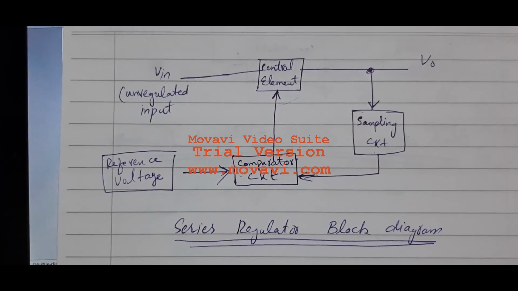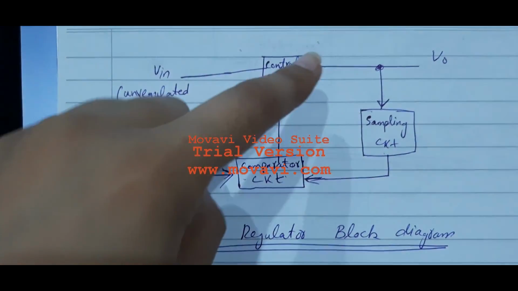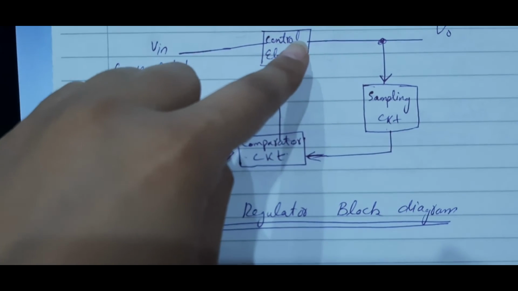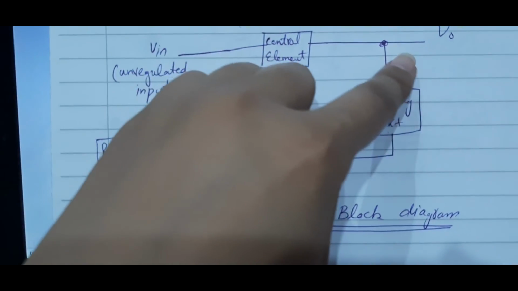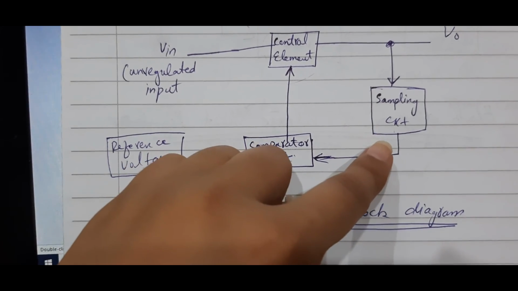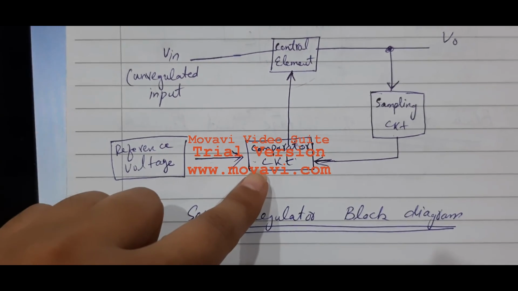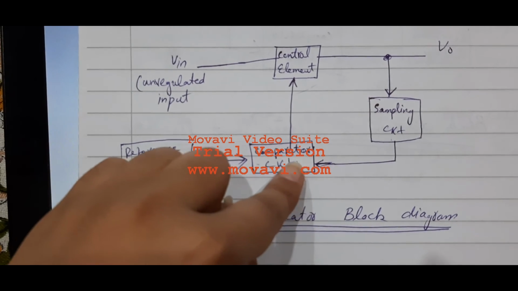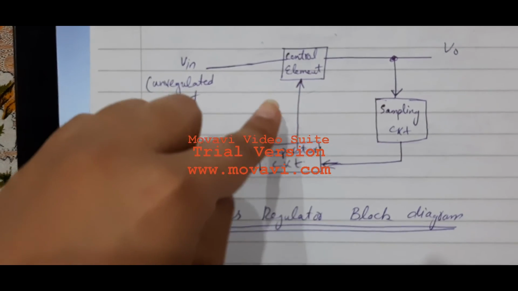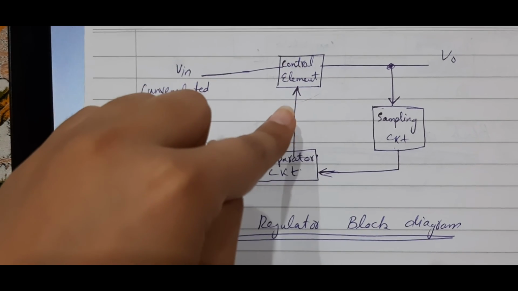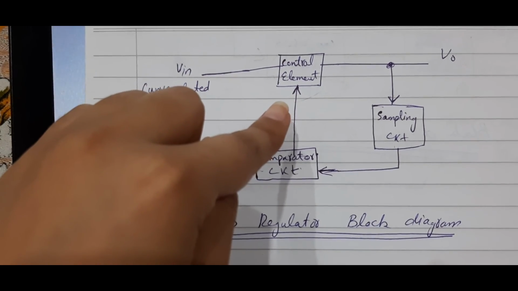The series element will control the amount of the input voltage that gets to the output, and this sampling circuit will provide a continuous feedback to this comparator circuit, and this reference voltage is compared with this feedback path to give a control signal to this control element if the output voltage decreases or increases, to maintain a constant output voltage.